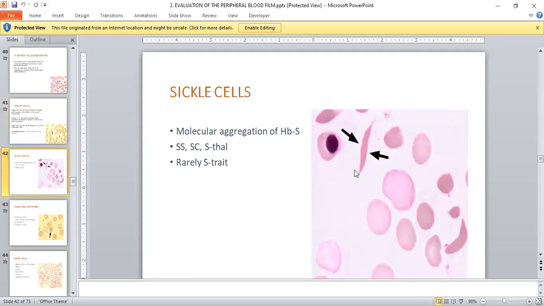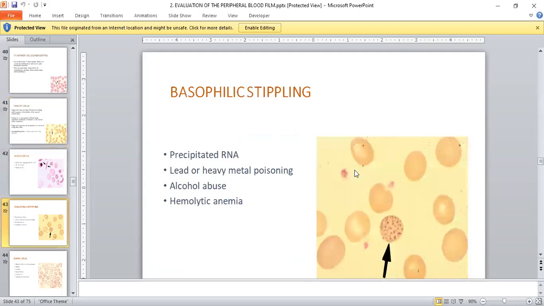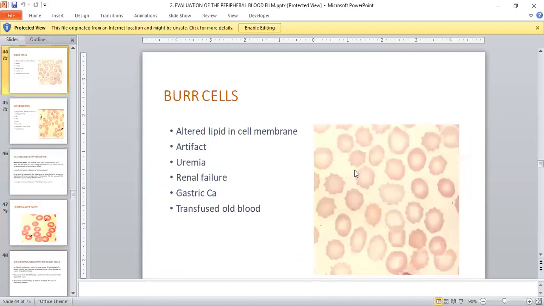Sickle cell, this one, the sickle shape. You can have basophilic stippling due to precipitated RNA or heavy metal poisoning. You can have burr cells. This is just a general shape.